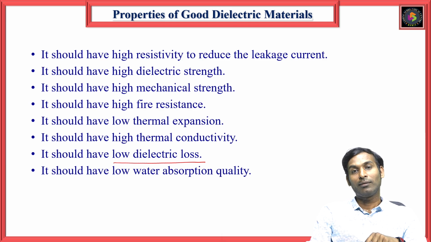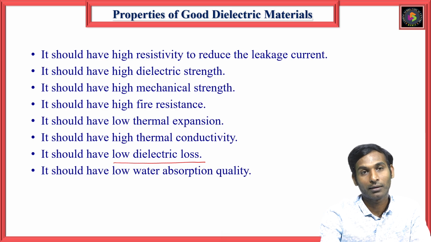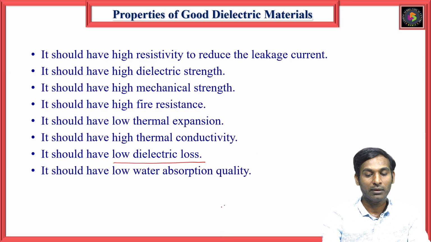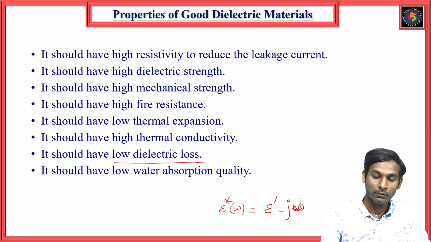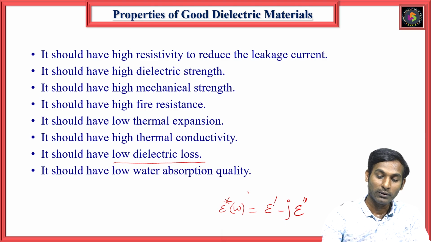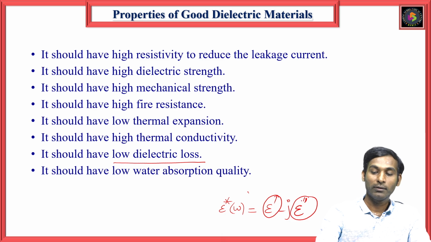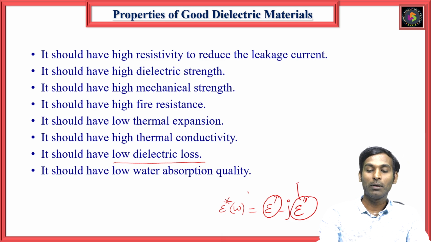Dielectric loss, in terms of a mathematical expression, we write the equation as complex dielectric permittivity equal to the real part minus the imaginary part. This is the real part and this is the imaginary part. This is the dielectric loss, epsilon double prime.